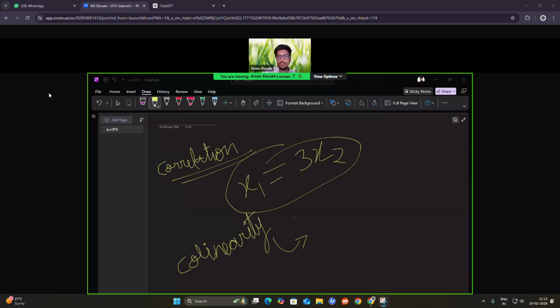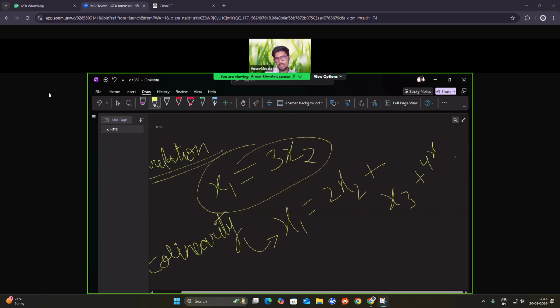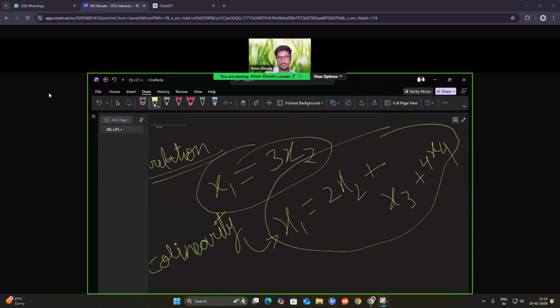Okay, yes, correct. So if I write the equation here like this, not like y equals, but x1 equals 2x2 plus x3 plus 4x4, this is how collinearity looks like, right?